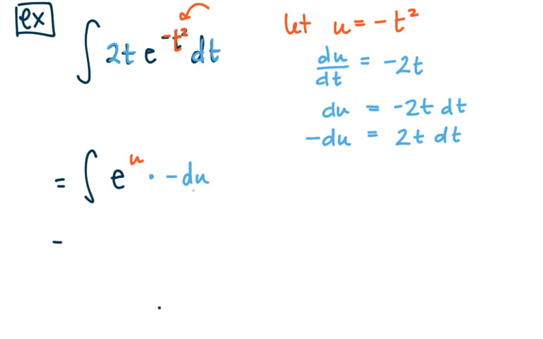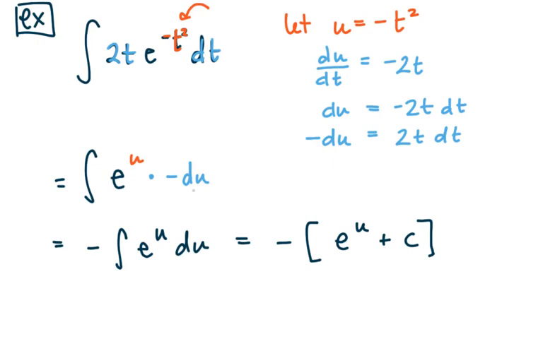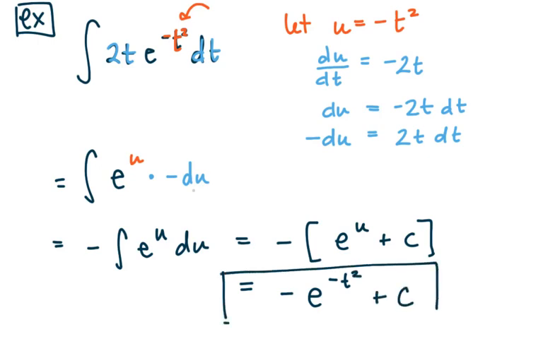That's the same as negative integral of e to the u du. Of course, we know what the integral of e to the u du is. It's e to the u plus c. So this becomes negative e to the negative t squared plus c. And that's my final answer.